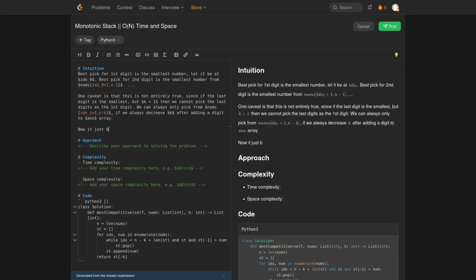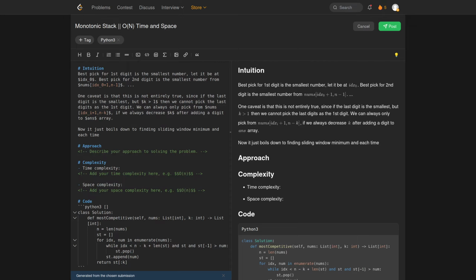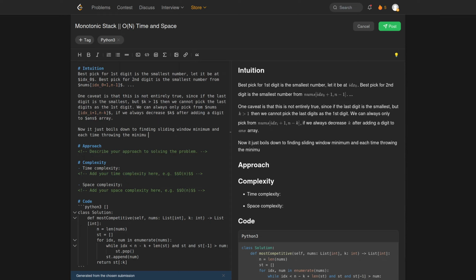It just boils down to finding a sliding window each time, throwing the minimum out.